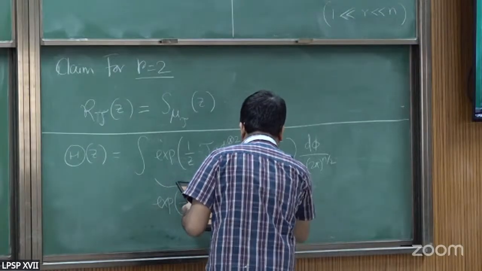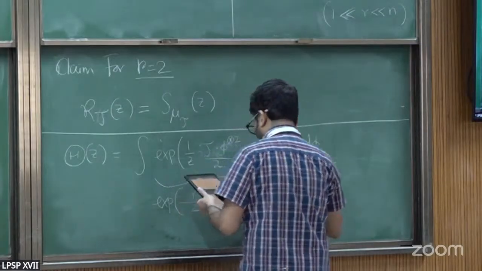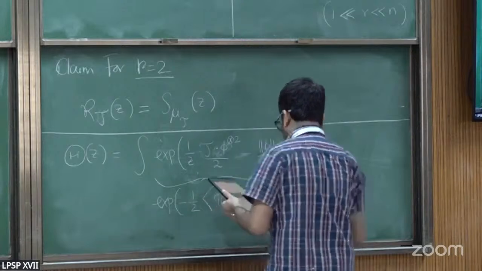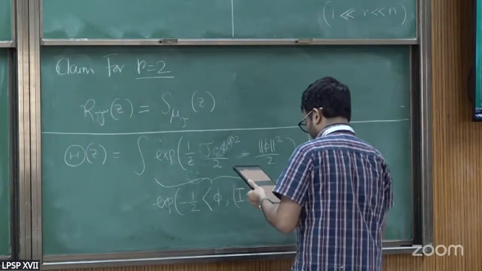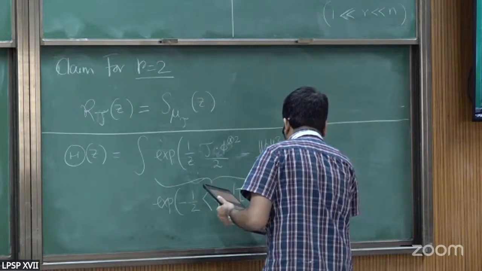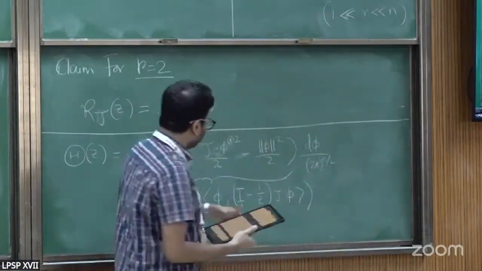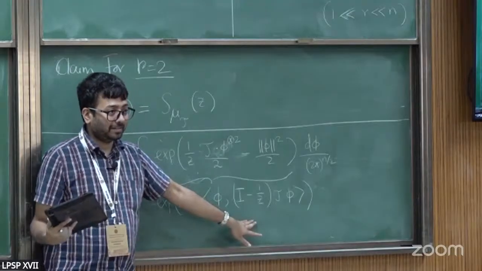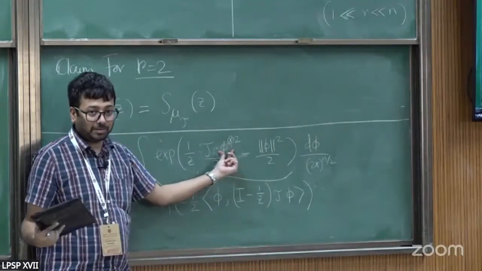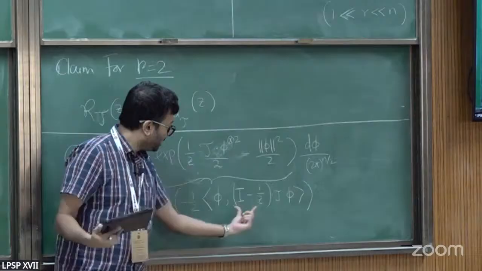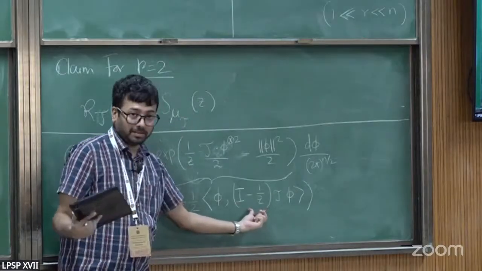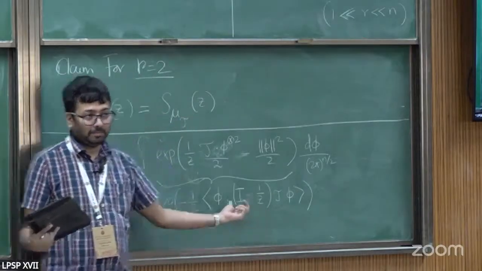And you can see the appearance of the resolvent now. If R equal to 2, this is a quadratic form, so I just write it in this way.